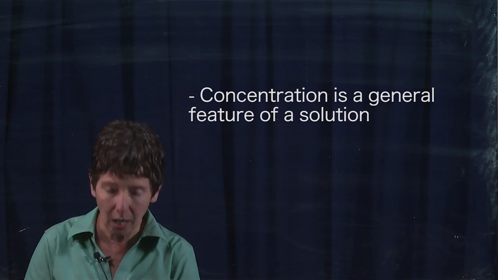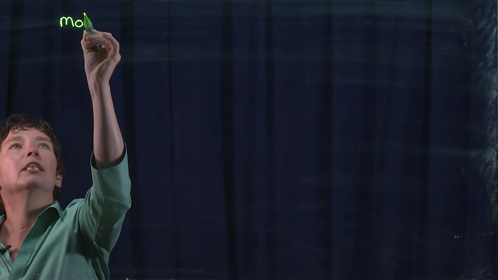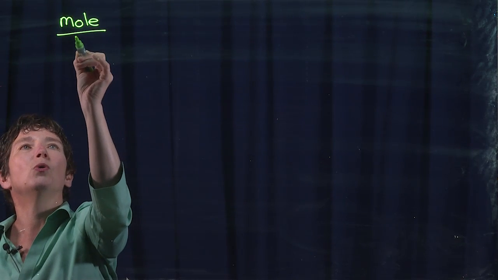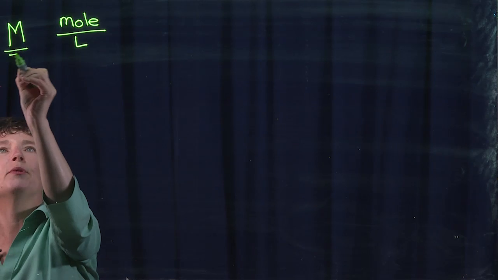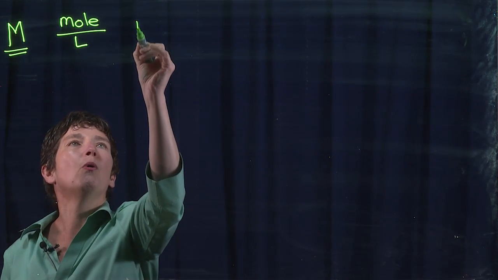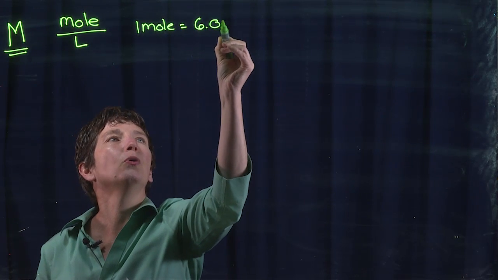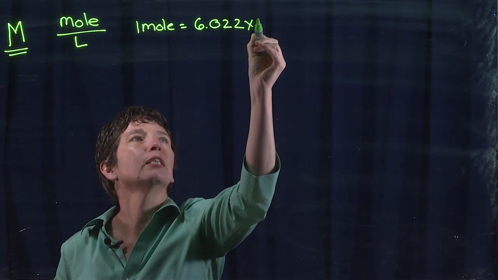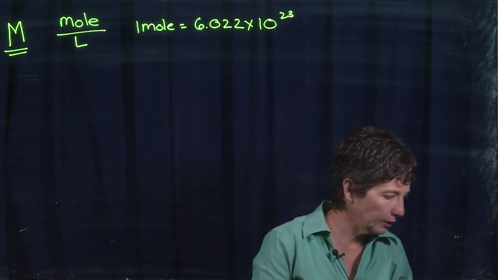So the most common unit of concentration in chemistry is the molarity, which is moles per liter, and it's abbreviated capital M, molarity. And so 1 mole is simply 6.022 times 10 to the 23rd things.